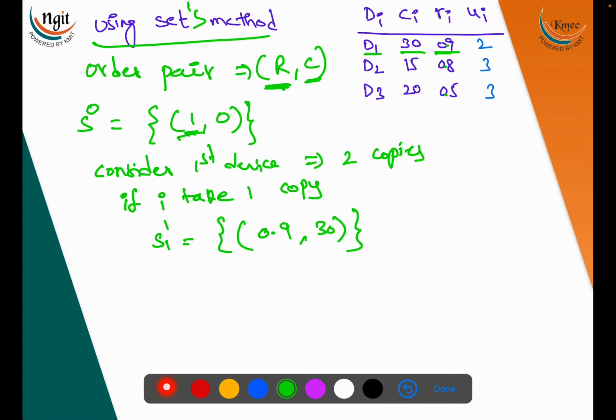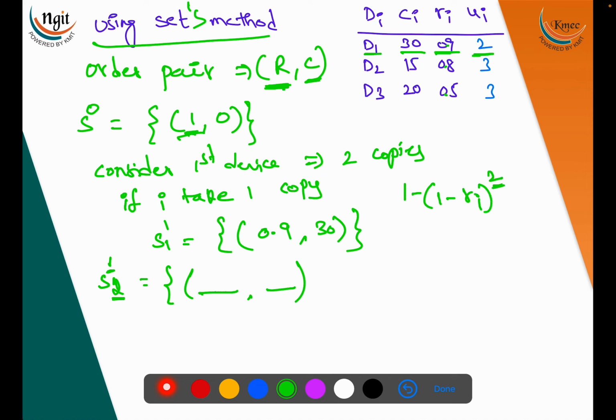But I have a provision of taking 2 copies. Now include the second copy. That is the second copy of the first set. That means I should know the reliability factor and the cost. The reliability I have to calculate with the formula. The formula is 1 minus (1 minus R) whole square.